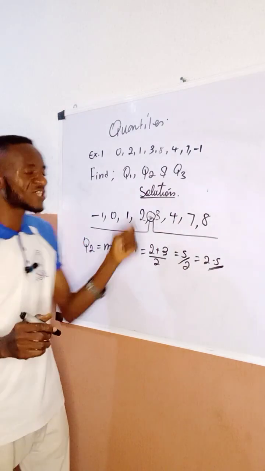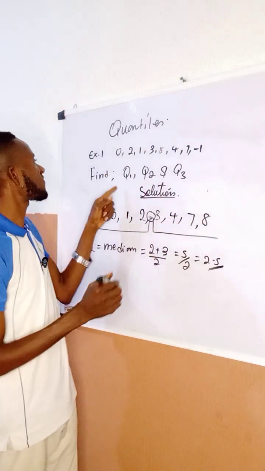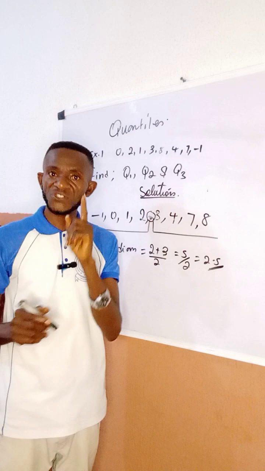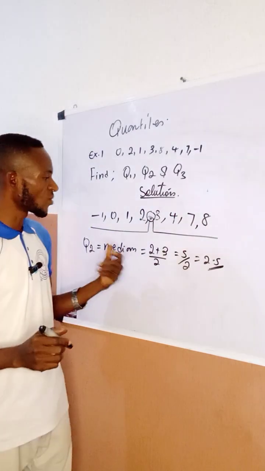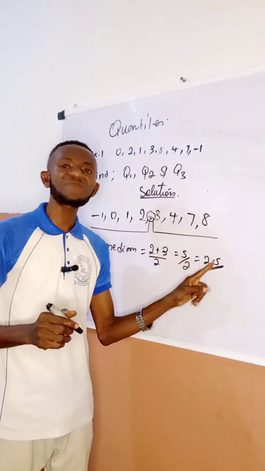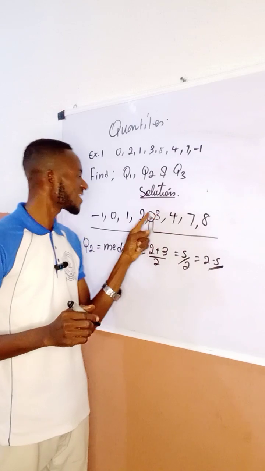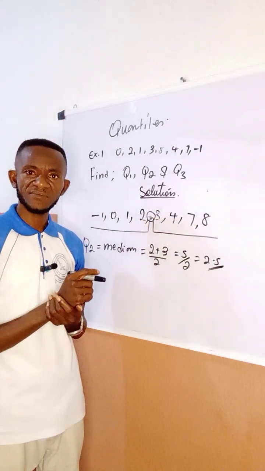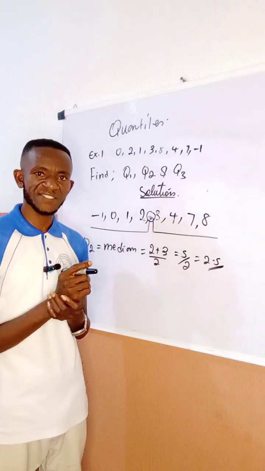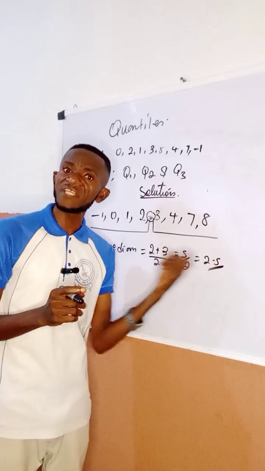Then there is something we need to note here if we must find our Q1 and Q3 successfully. What we are going to note is that this 2.5 is not a data point in this distribution. It is not a data point. But of course, it is called the median.